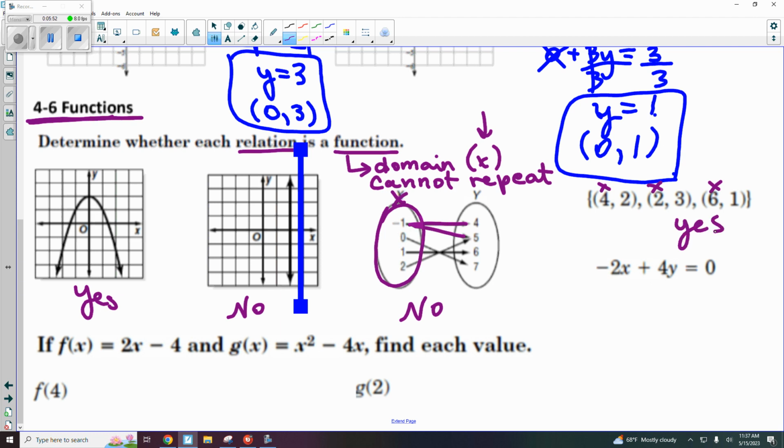Alright, now this one. If I were to graph -2x plus 4y equals 0, what shape would it make? We've graphed these a whole big bunch. Go back to what you just did. Look at your first two examples. What does it make? Okay, it's a line, right?